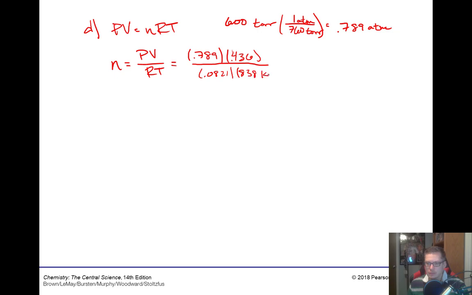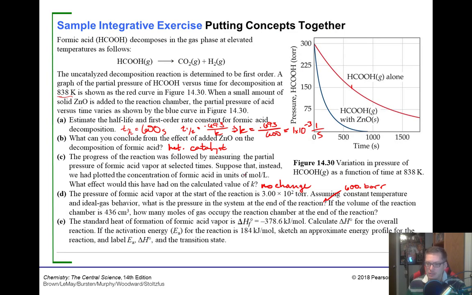So we take 0.789 times 0.436 divided by 0.0821 times 838. Assuming I didn't fat finger anything, the number of moles would be 5.00 times 10 to the minus third. And that would be the moles of gas.